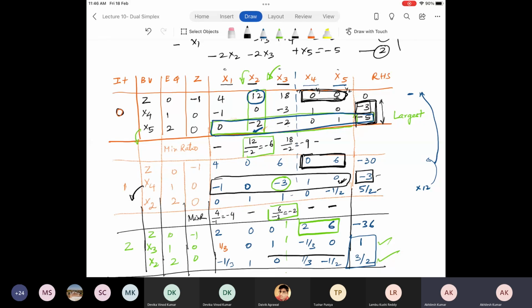So if I give you a problem which is ill-behaved and I do not mention that you use big M or two-phase or dual simplex, which one will you prefer to use?